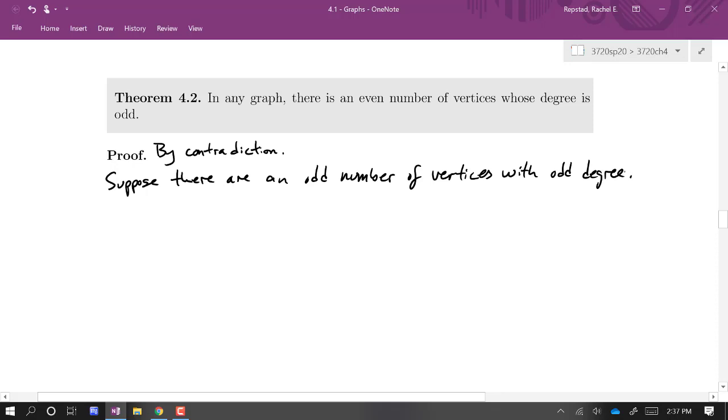So if I add up the degrees of these vertices, that has to be odd. If you add an odd number of odd numbers, you're going to get an odd sum. So the sum of the degrees of these vertices will be odd.